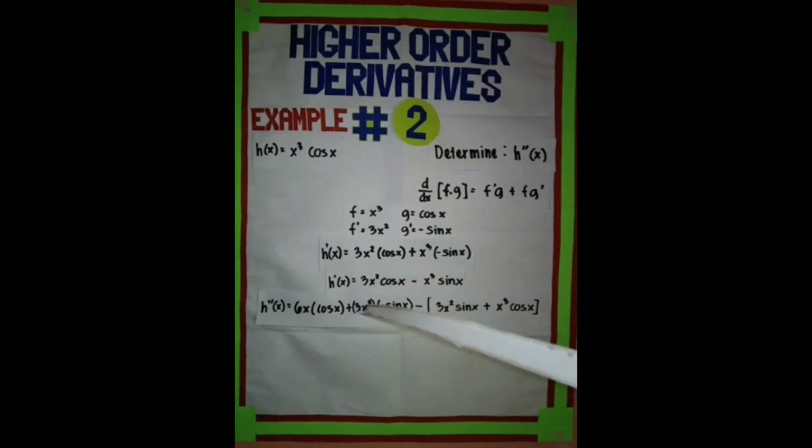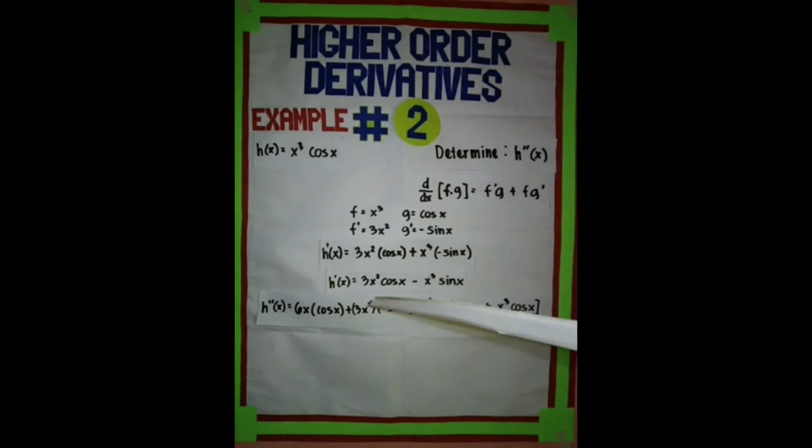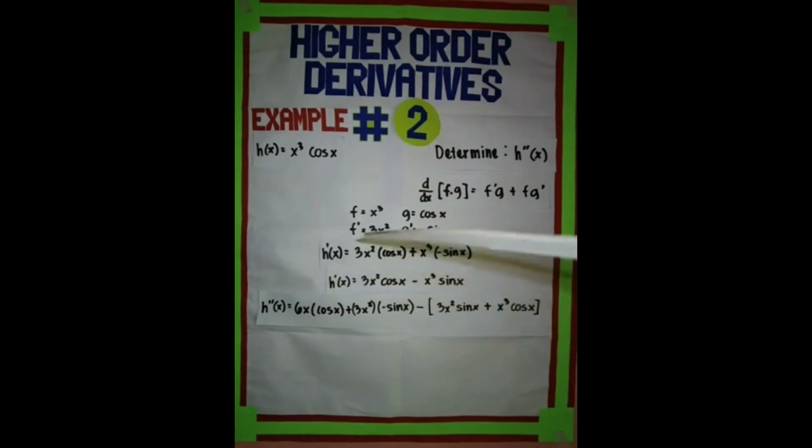In getting this one, let's still use the product rule. Before that, let us note that 3x squared is the first part and cosine x is the second part, and x cubed is the first part and sine x is the second part.